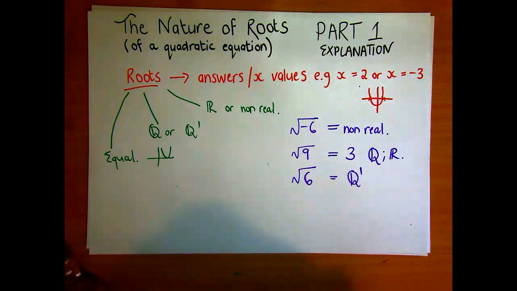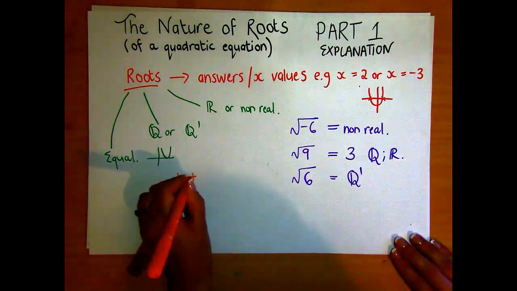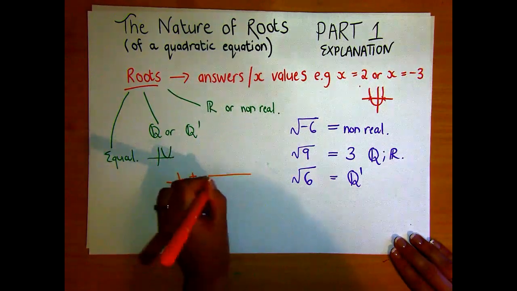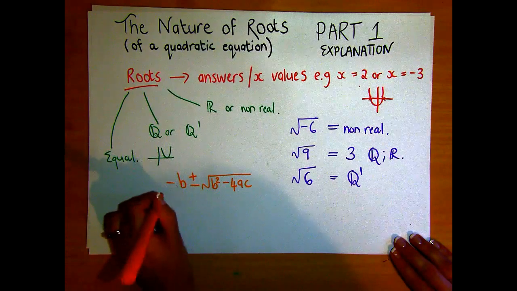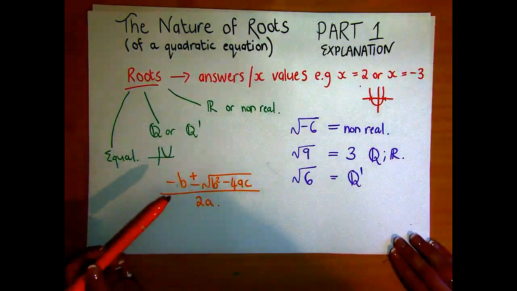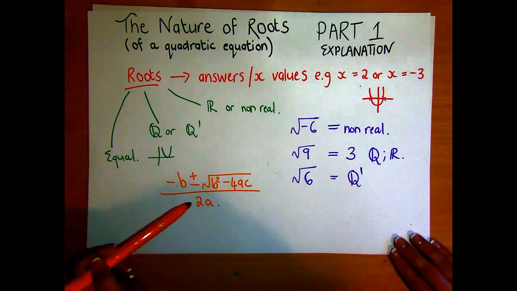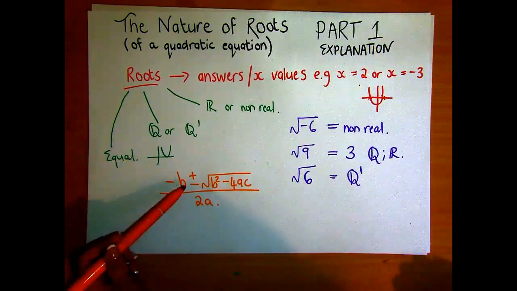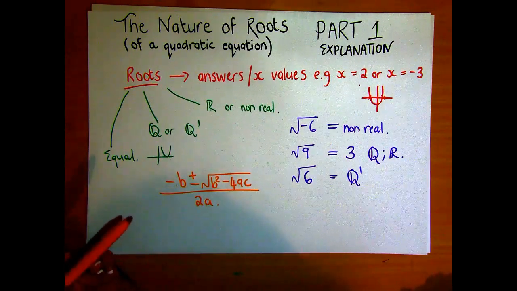Now, you remember the quadratic equation, right? So that was negative b plus or minus the square root of b squared minus 4ac, and that was all over 2a. Okay, so if you've got an equation of the form ax squared plus bx plus c, you've got a b value, you've got an a value, it could be a fraction, but it's not going to be an irrational number.